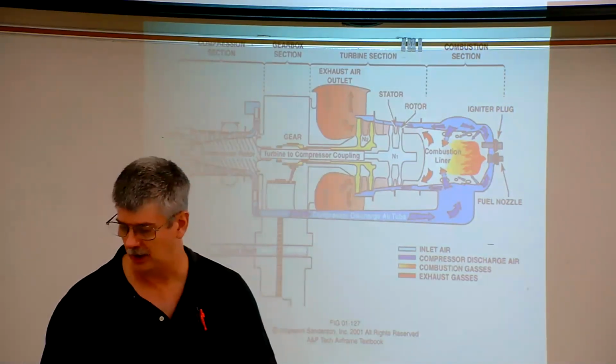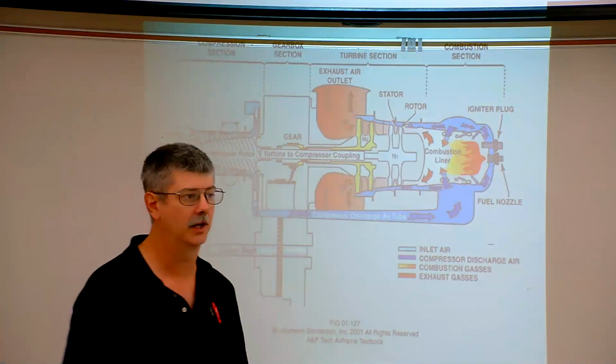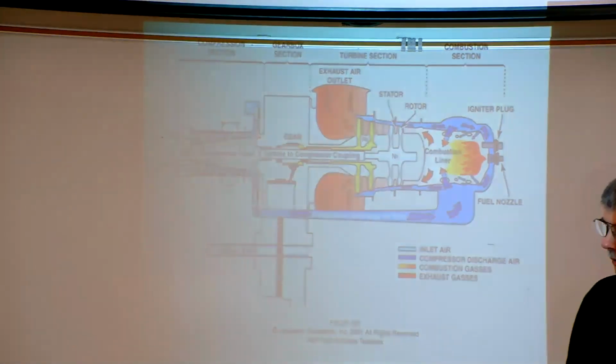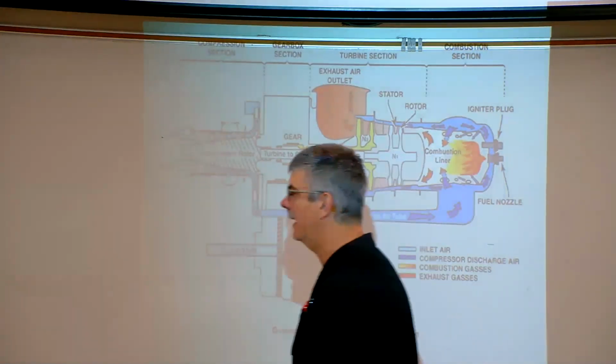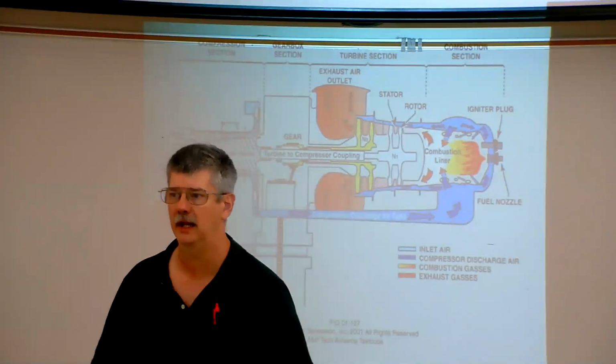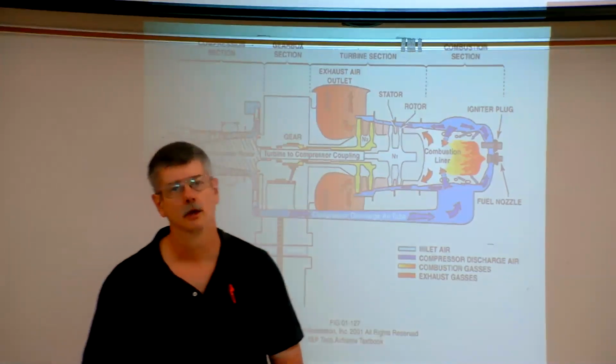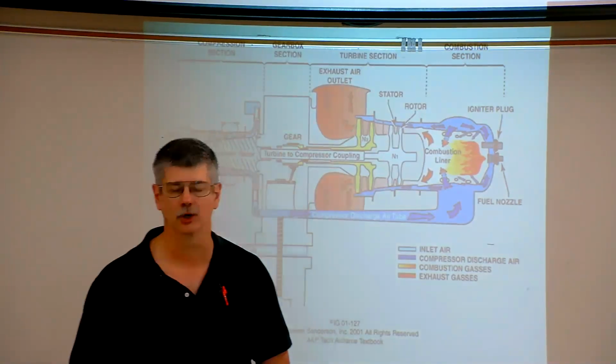I'm not going to go heavy into this because I don't know how many of you have had Powerplant 1 or 2, but the type of turbine engine that's generally used for helicopters is what's known as a free turbine, also known as a power turbine.